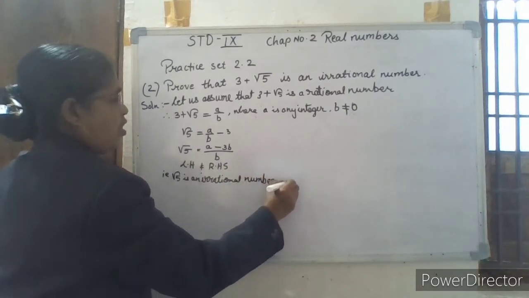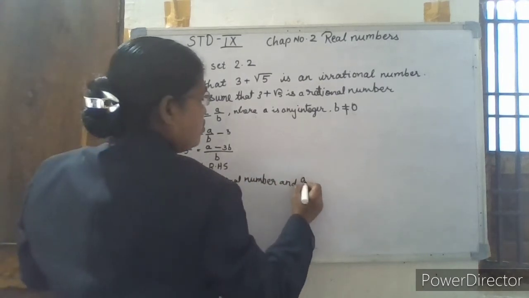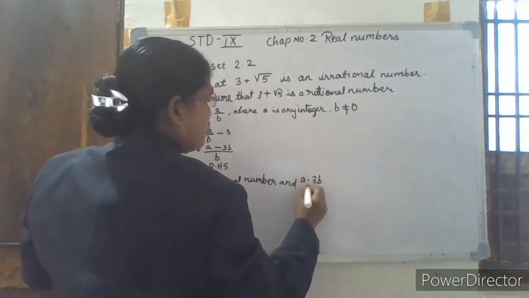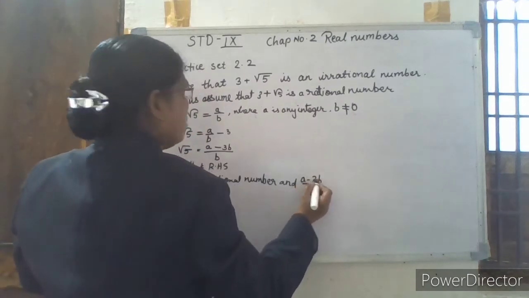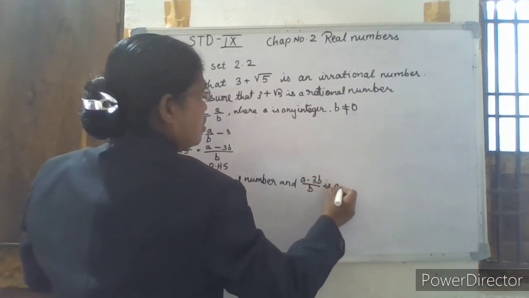And a minus 3b upon b is a rational number.